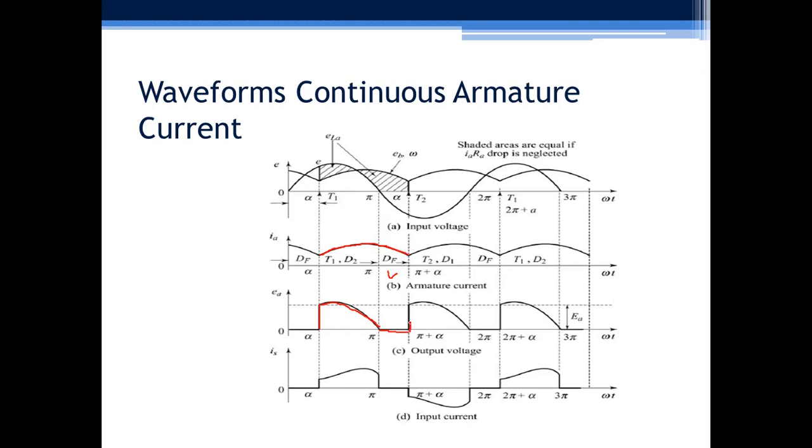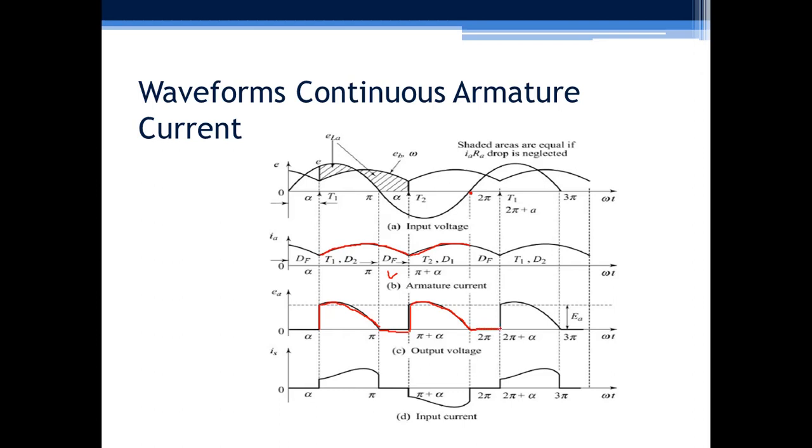So current is freewheeling through the load itself. At pi plus alpha T2 and D1 are conducting. Again power is flowing from source to the load. This armature current will again increase exponentially, and at 2 pi T2 and D1 will turn off and freewheeling takes place through diode DF.